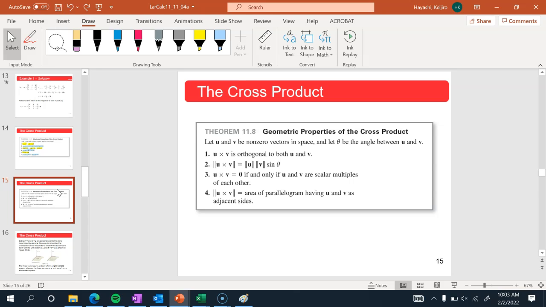Okay, so we already know this. The vector that we get from crossing u and v is orthogonal, or at a right angle, to both of the vectors that you used. It's at a right angle to both.